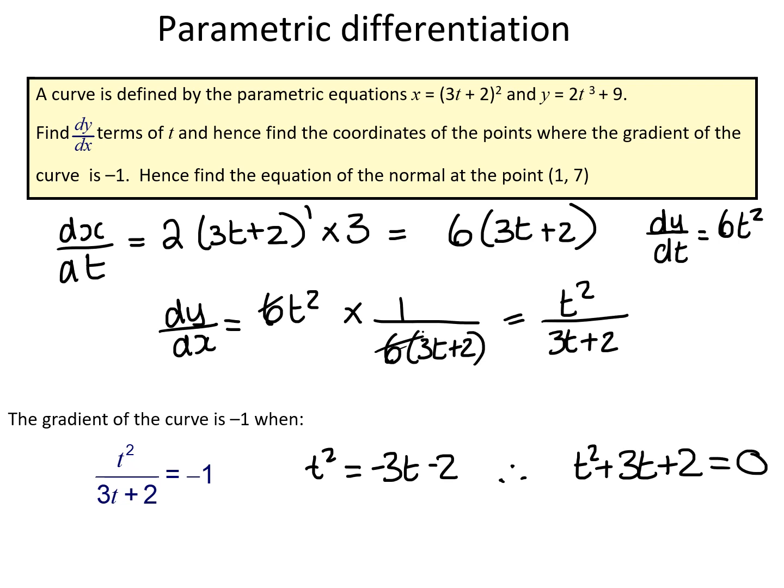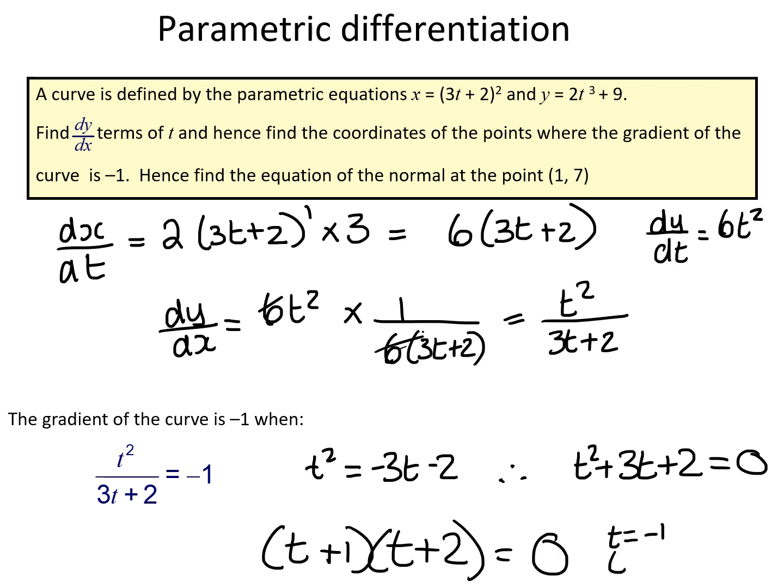We'll spot the factors. So therefore we've got t equals -1 or t equals -2. That's not what we really want, is it? So we can't find the equation of the normal at that point, can we?